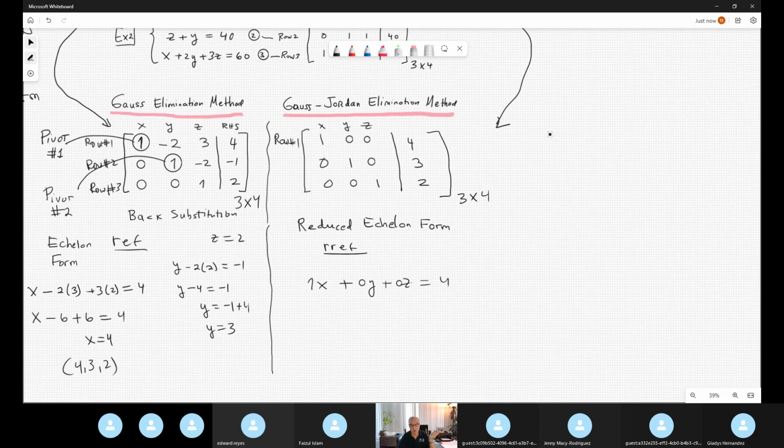Entonces es obvio que this equation is just x equal 4. Likewise, row number 2, que is the second equation, is y equal 3. And row 3, que is the third equation, is z equal 2. And we get exactly the same result.